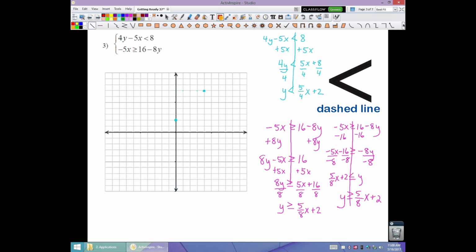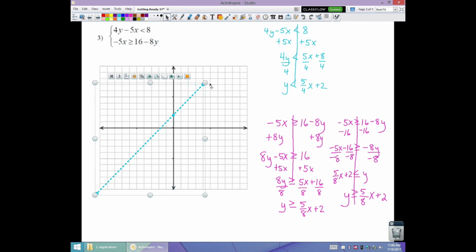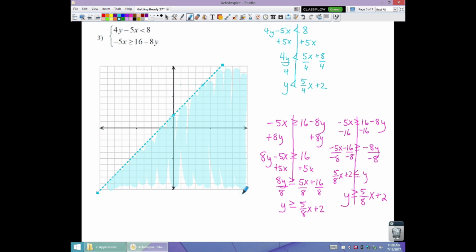There's no or equal to. Let's find our dashed line tool. And let's go ahead and extend that through the graph. Okay. And then for shading, it is less than 5/4, so that tells me I should shade everything under that line.